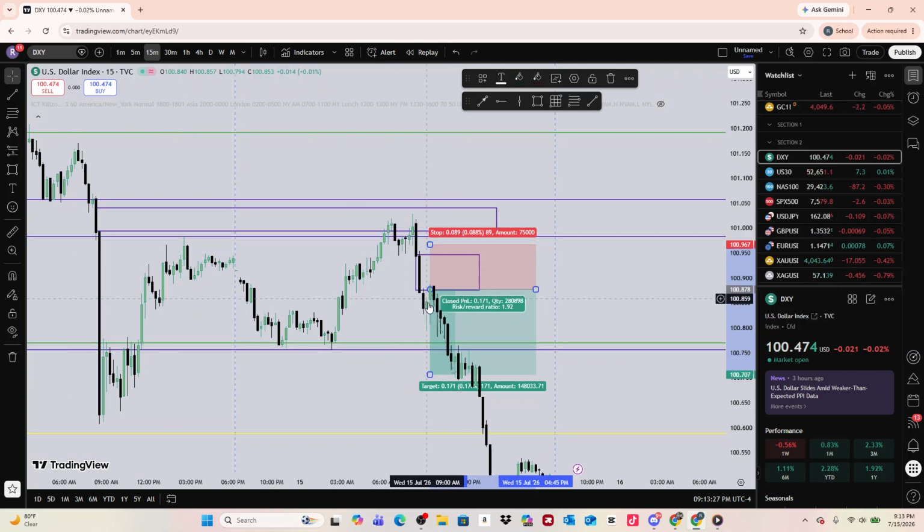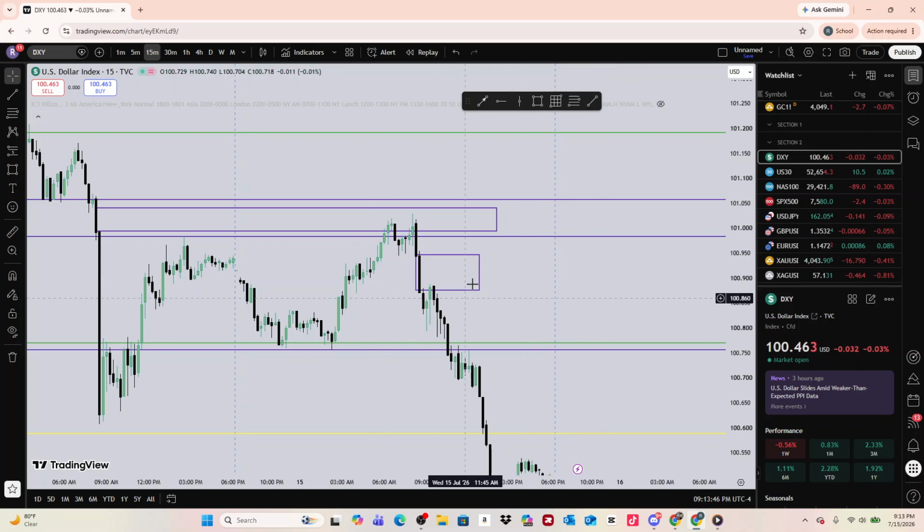In my experience, if I enter in the middle of a move, we usually spike back up for a little bit more liquidity grab. So I like taking my trades either up here or a little closer to the pooling point. Anyways, we have our M15 fair value gap here.